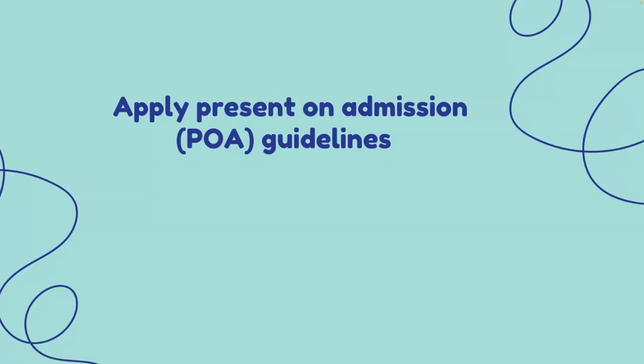In the guidelines, it also talks about situations where the condition is exempt from the POA indicator, where we are to leave it blank on the claim form. We haven't talked about the claim form yet, but we will before our time is over.